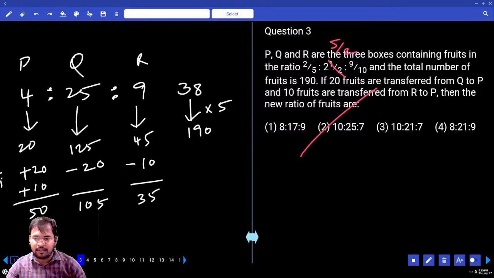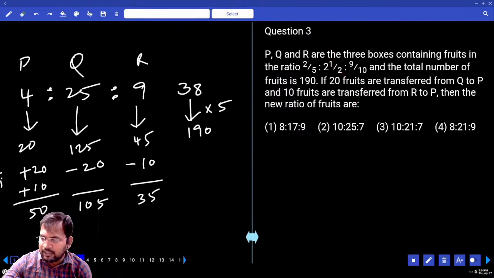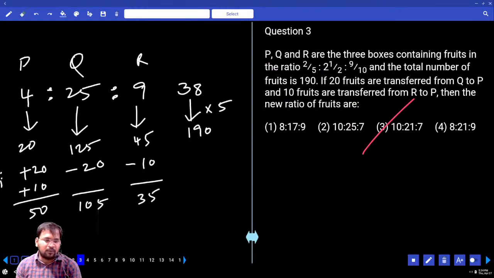Your answer is 21, yes, 21. So the new ratio is 10 is to 21 is to 7. Shall I go for the next question?